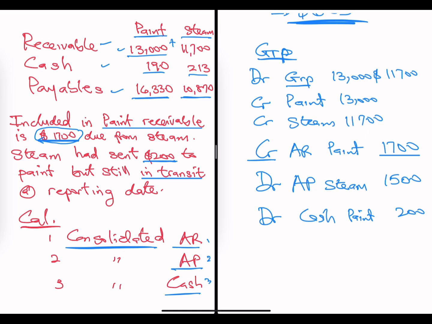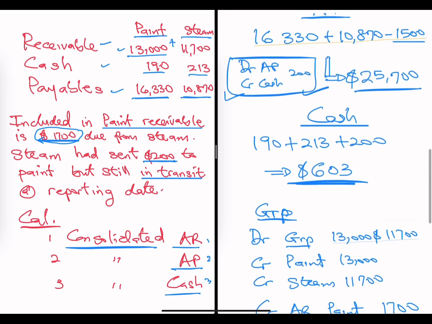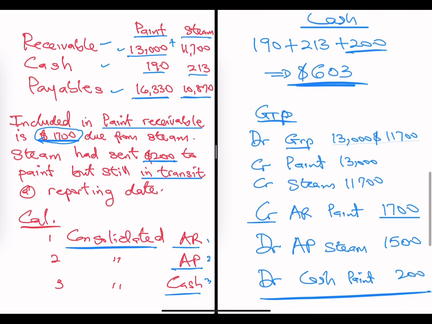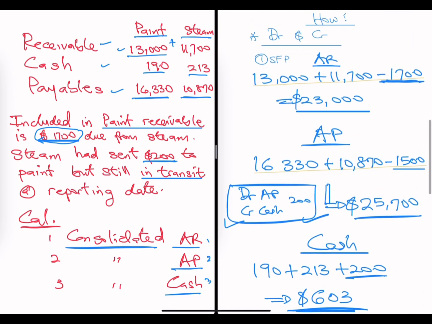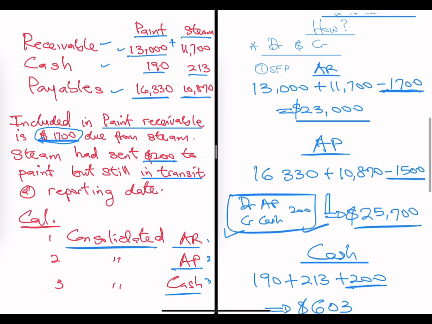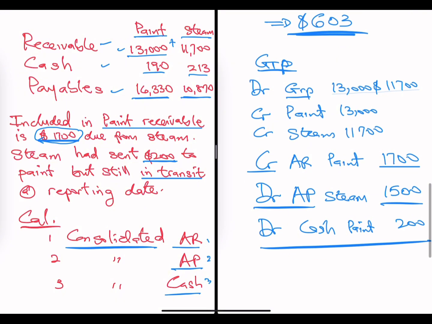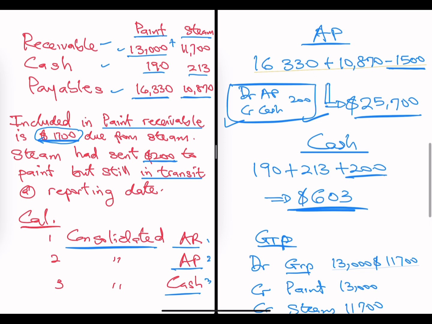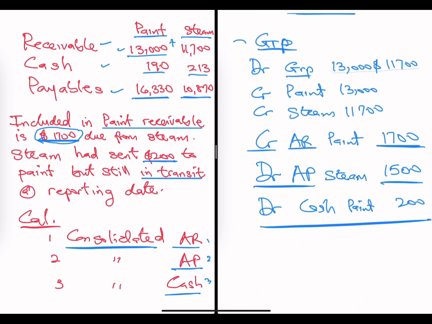That debit of 200 to cash is this you are seeing here. This debit to AP of 1,500 is what you are seeing here because we are reducing the AP. And this credit to account receivable of Paint of 1,700 is this reduction that you are seeing here. So I always like you to understand consolidated financial statements with debit and credit. Likewise, all the adjustments, you must be able to figure out with an understanding of debit and credit.